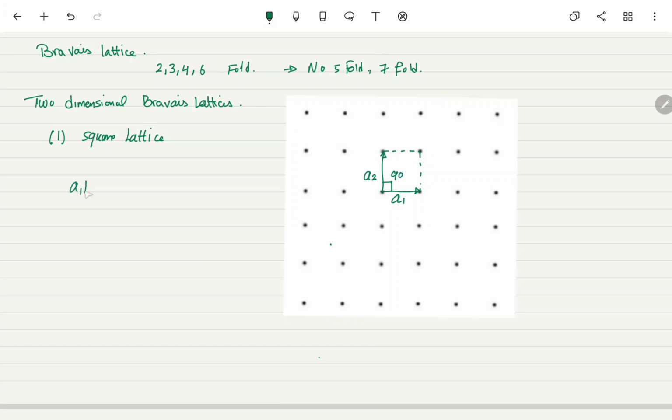So A1 in magnitude is equal to A2, and theta equals 90 degrees. We also notice that the square lattice is invariant under rotation of 2 pi over 4, in other words 90 degrees.